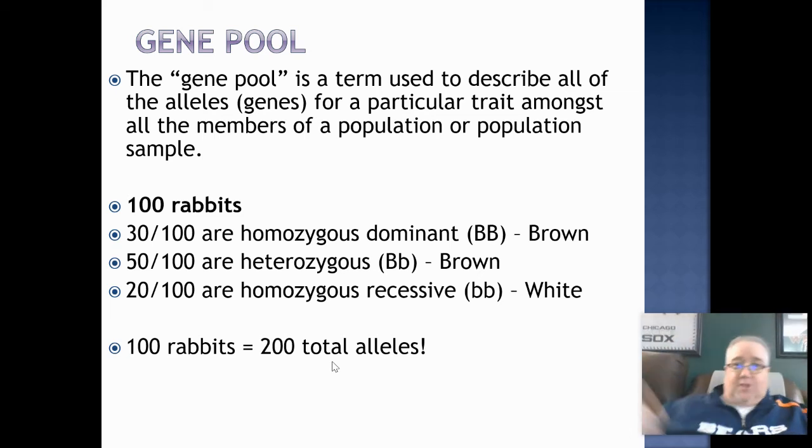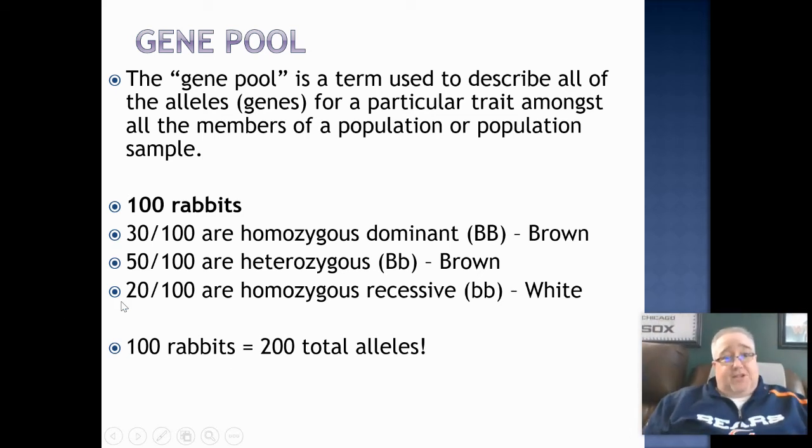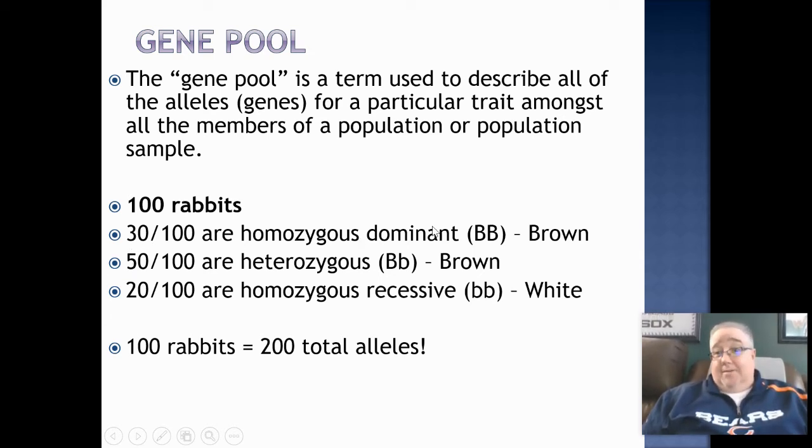So let's say we get these 100 rabbits, and this is just how it breaks down. 30 of those rabbits that we capture are homozygous dominant, which means that they're brown, but they're big B, big B. 50 of those rabbits that we capture of the 100 are heterozygous, which means they're big B, little b, but they're also brown. 20 of the rabbits that we capture are homozygous recessive, which is little b, little b, and those rabbits are obviously white.